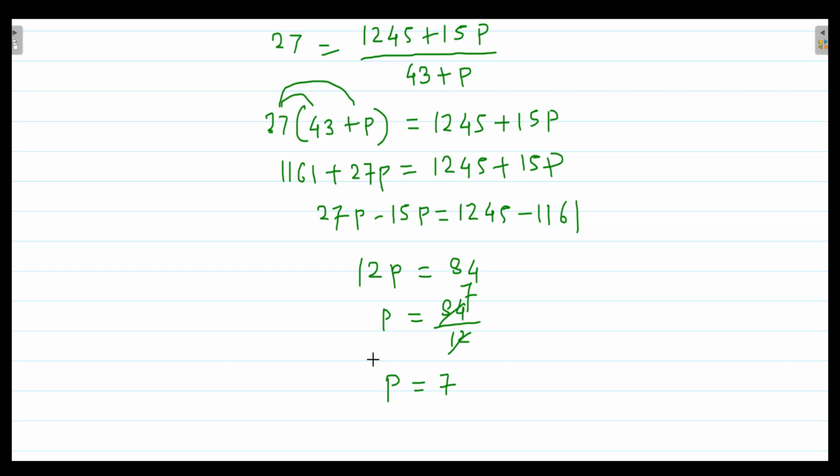So the missing frequency P is equal to 7. Highlight this step also. So in this question also you have to highlight the three steps, that is summation of Fi, summation of Fi xi, and last the answer, that is P is equal to 7. This may be P, sometimes it may be X, sometimes it may be Y, whatever be the variable. So this is the way to find the missing value of the given data.